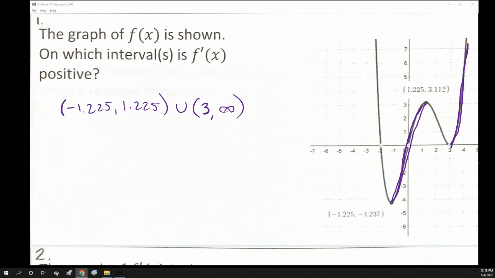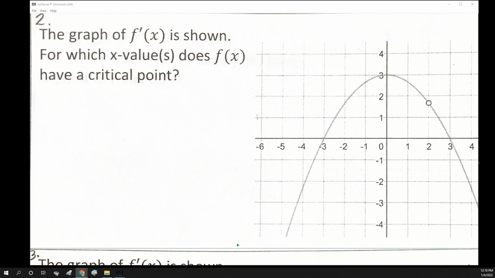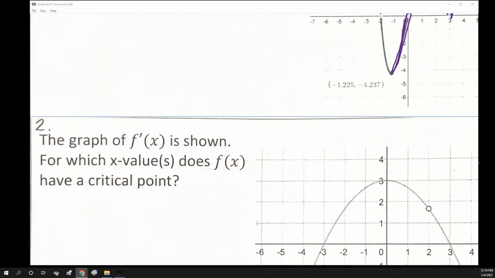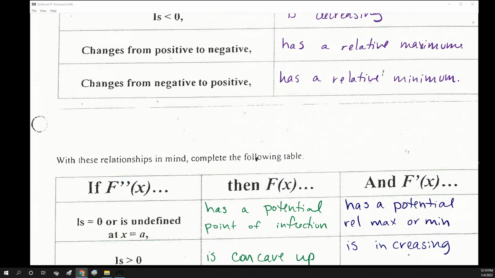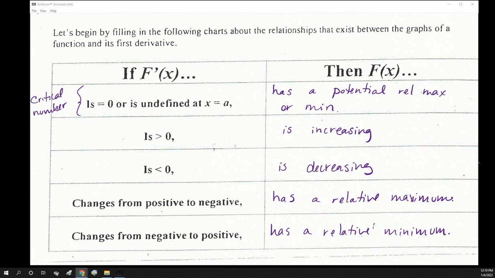All right, let's look at number 2. For number 2, we have the graph of f prime, so we have to think a little differently. The graph of f prime is shown. For which x values does f of x have a critical point? For a critical point, we're going to go to this top chart.